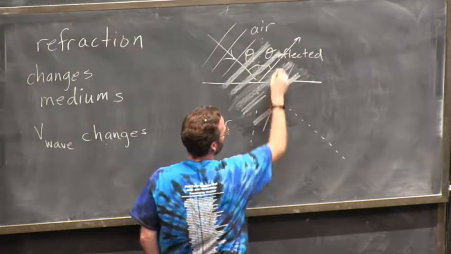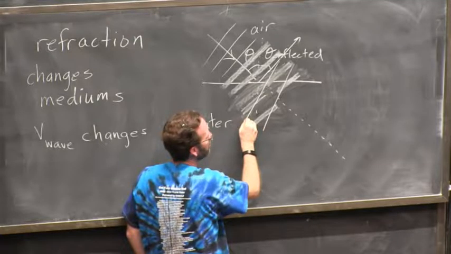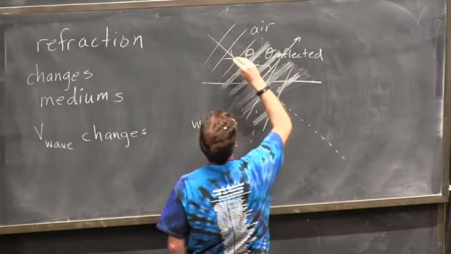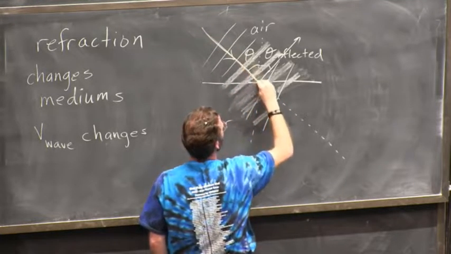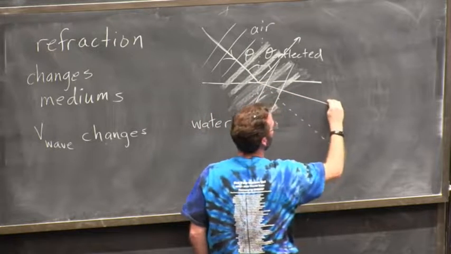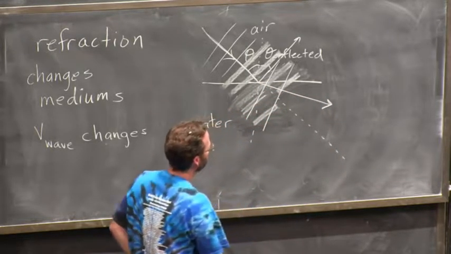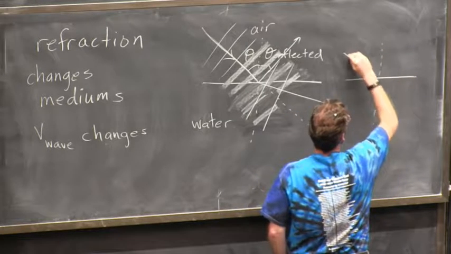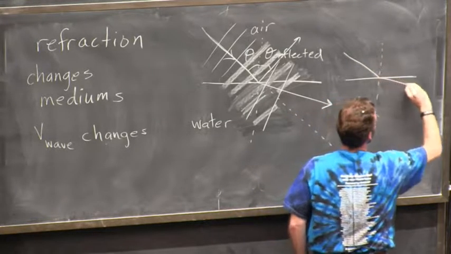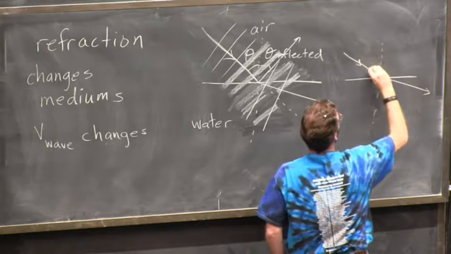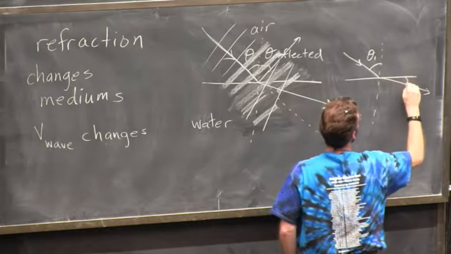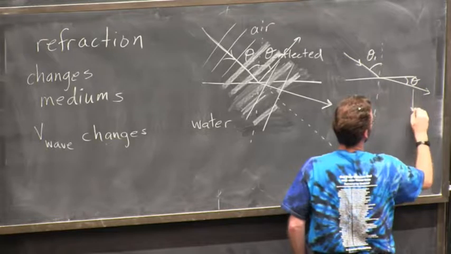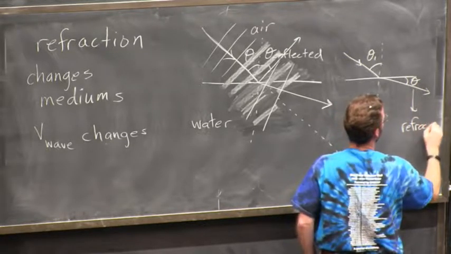Can you see they're now like this? It turns. The end result is it comes in, and instead of going straight, it's going to refract that way. I'll draw it cleaner over here. Comes in and refracts that way. So the incident angle is different than the refracted angle.